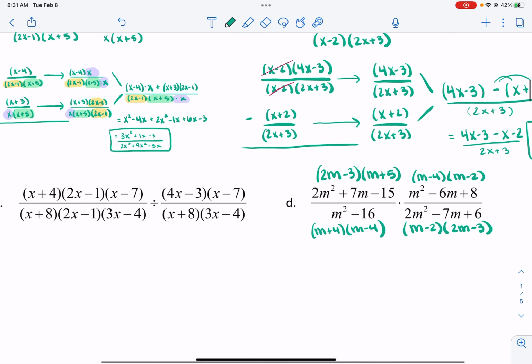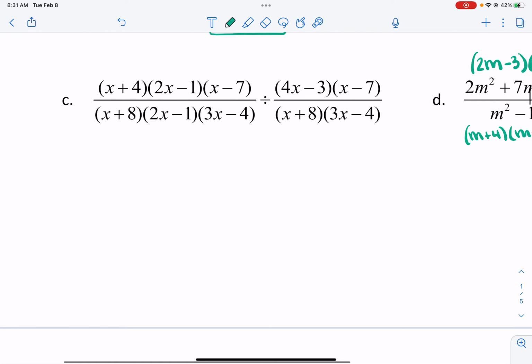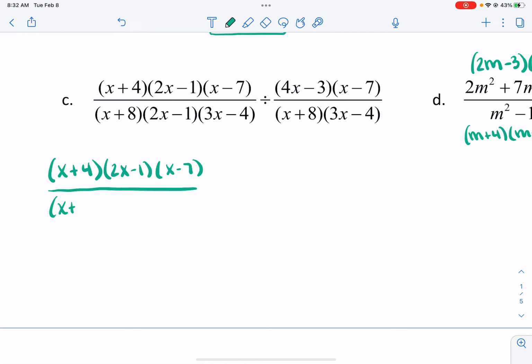Okay, part C, we just have to rewrite everything. So we've got x to flip because of this division sign. And then I'm just flipping them around.